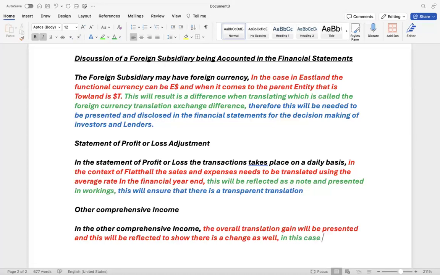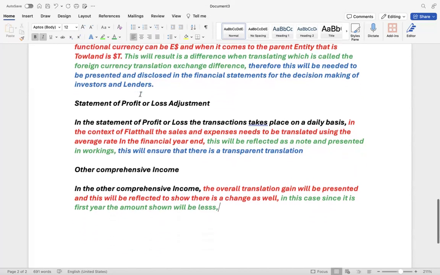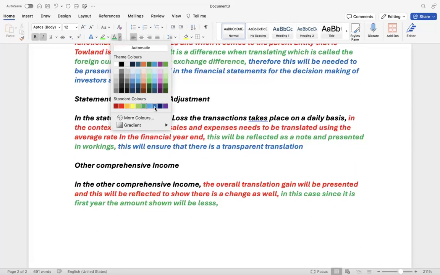In this case, since it is first year, the amount shown will be less. And students, I'll continue.